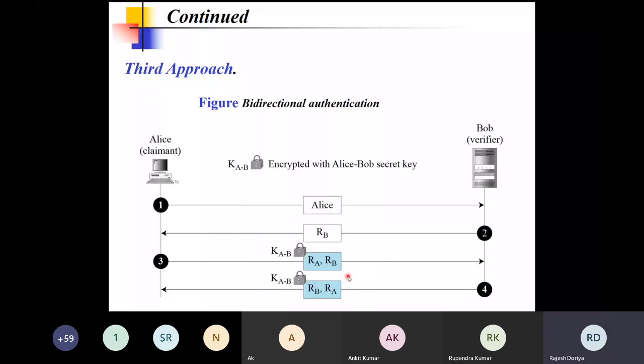This way the identity of both the parties will be proven. Alice was sending her nonce number, and from this step, Alice will be able to have her nonce number back. So both will prove their identity to each other. This is your challenge response protocol.